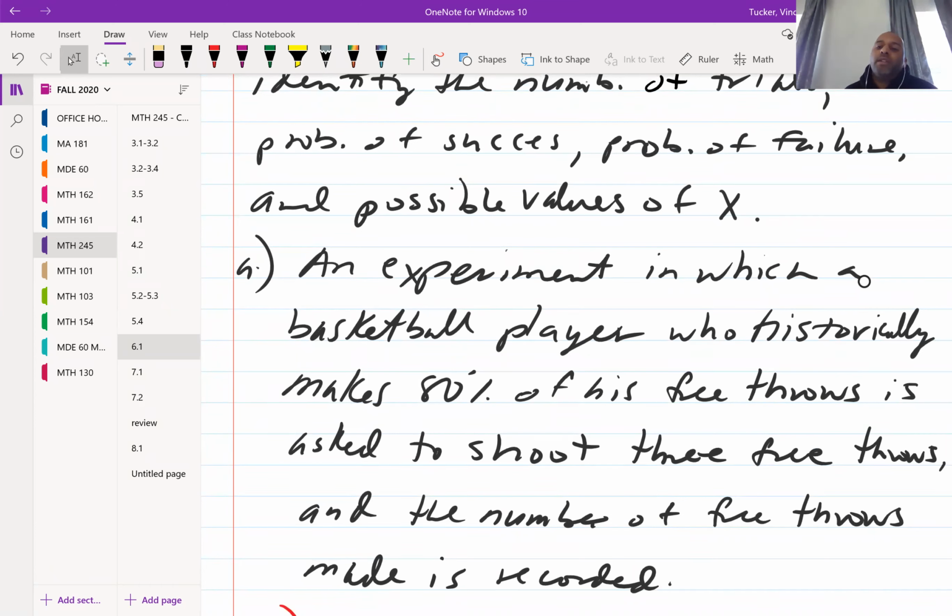So first example or first experiment they want us to look at says an experiment in which a basketball player who historically makes 80% of his free throws is asked to shoot 3 free throws, and the number of free throws made is recorded.